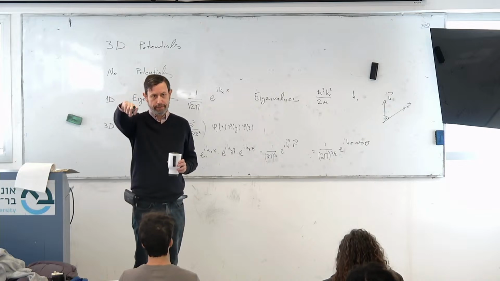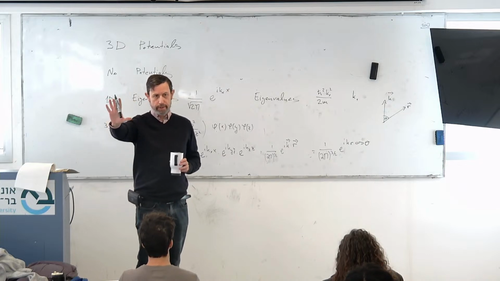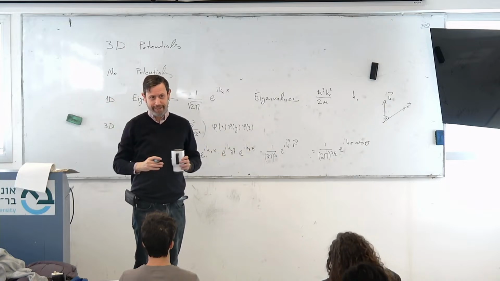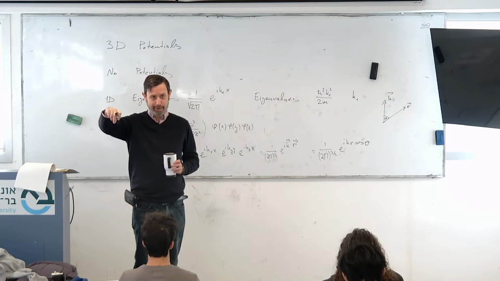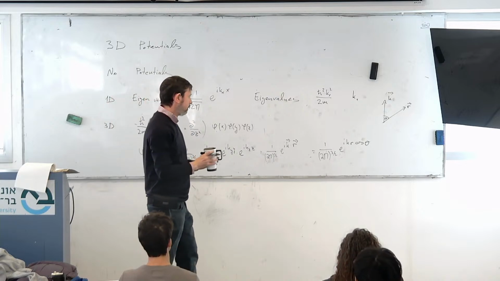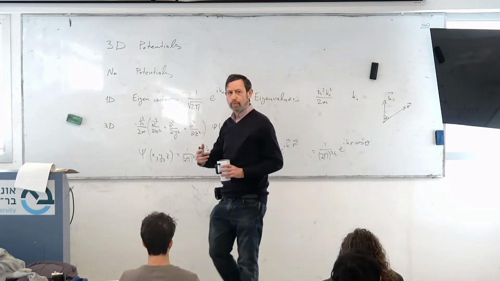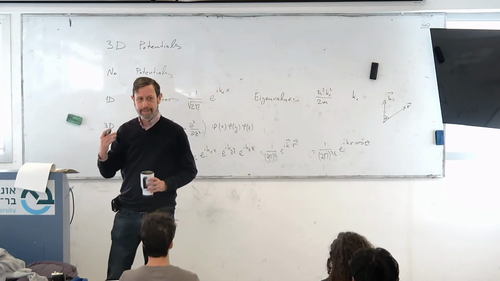Because then I have some wave coming in, but the scattered wave will come out in all directions from a center point. So then this description is convenient. Again, we'll run into it in detail further.